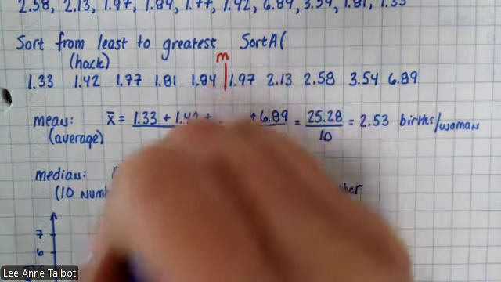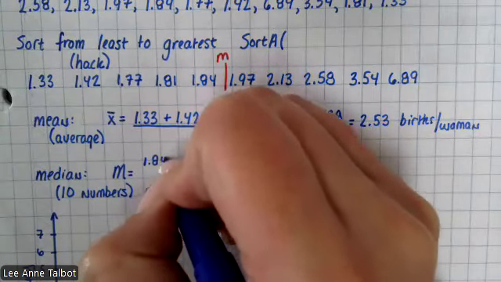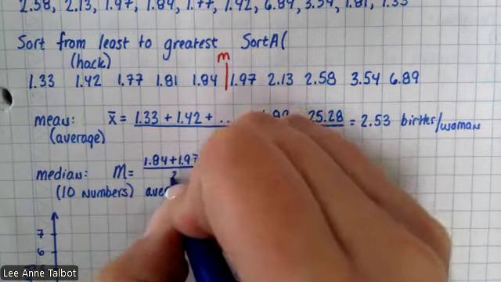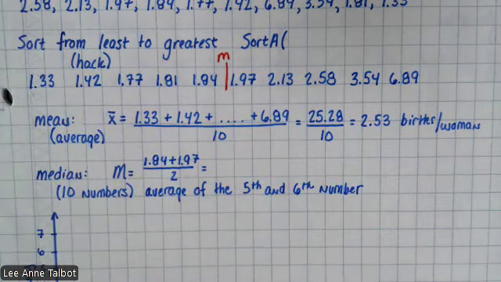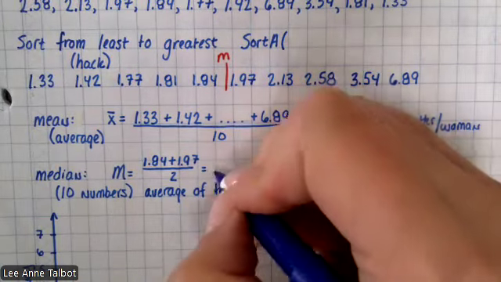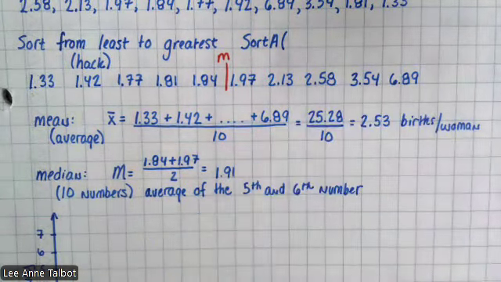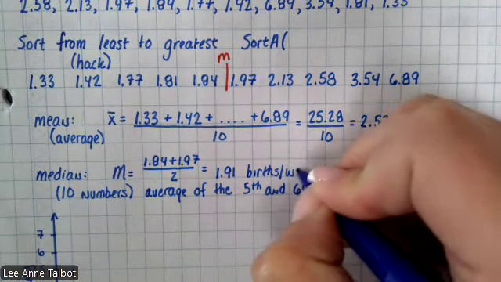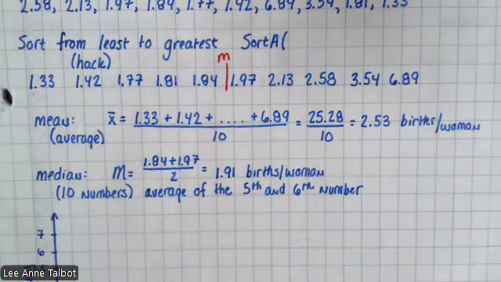In this case, 1.84 plus 1.97 divided by 2, which is 1.91 births per woman.